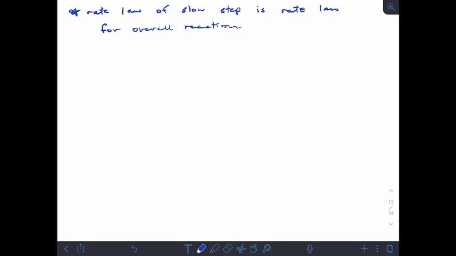So let's take a look at a slightly more complicated scenario. When we have elementary reactions and they only go one way, the slow step is the overall rate law. Great, fine.